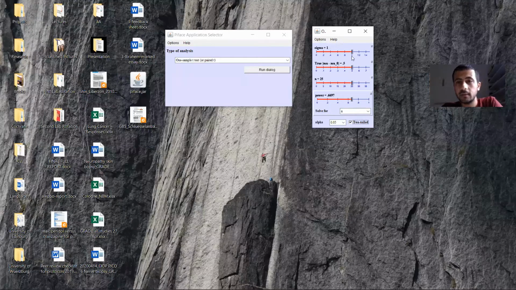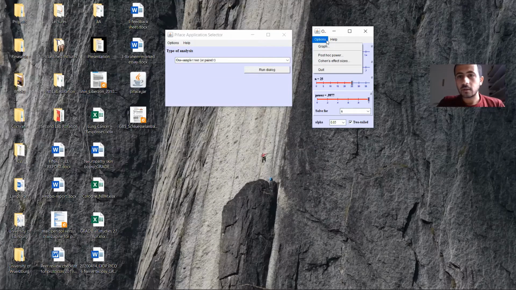I can make the sigma half. Okay, so they are asking what is the sigma, but I don't understand what is the unit in here. Okay, they say we do not need the unit.